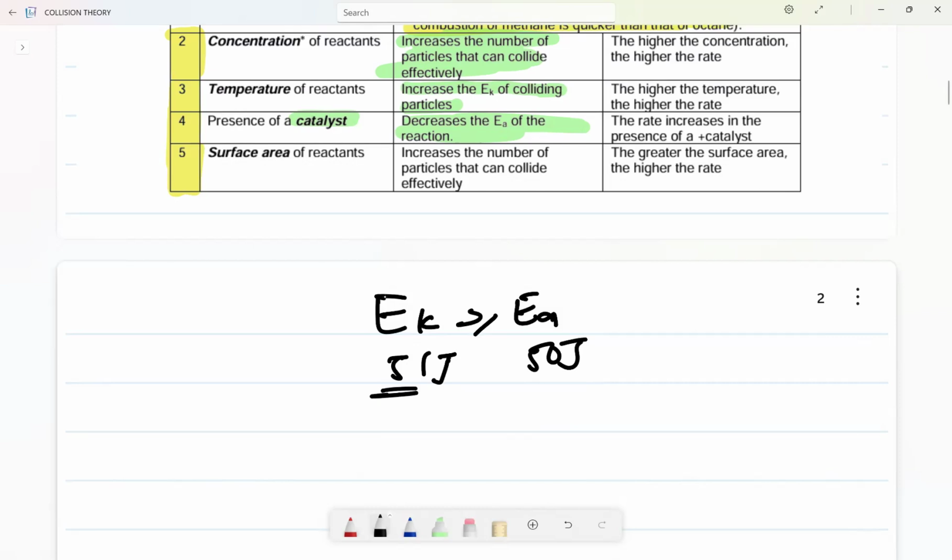We are having enough and greater kinetic energy for a collision to occur. It occurs at a faster rate, but the minute I reduce this one to maybe something like that, can you see that more particles will have a much higher kinetic energy now? The kinetic energy will be much higher.